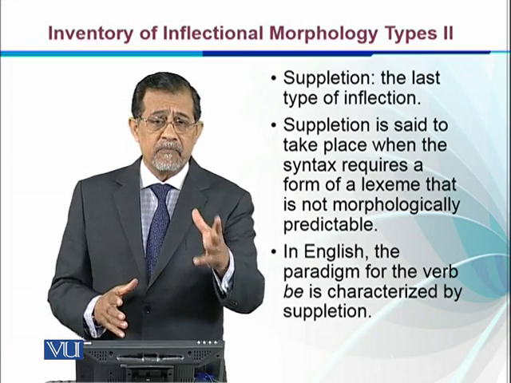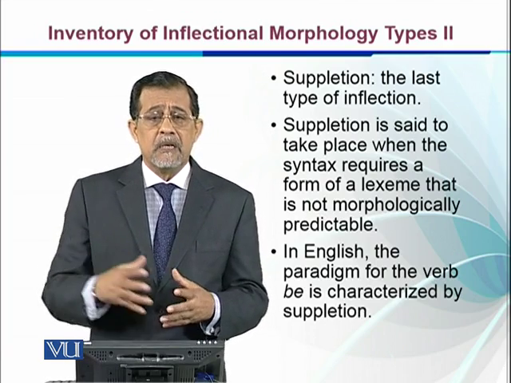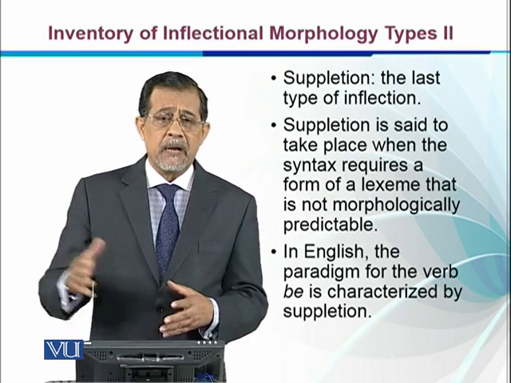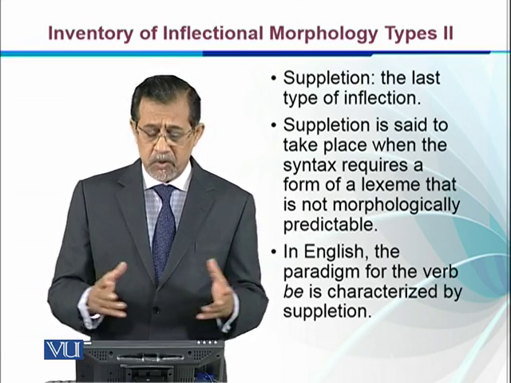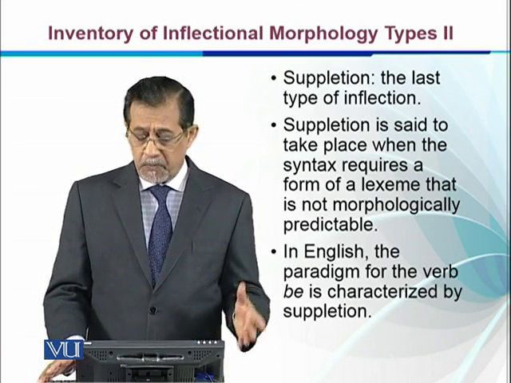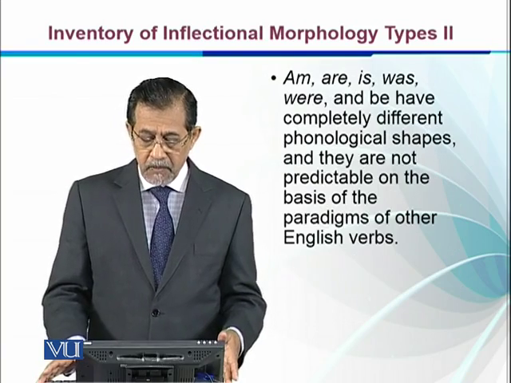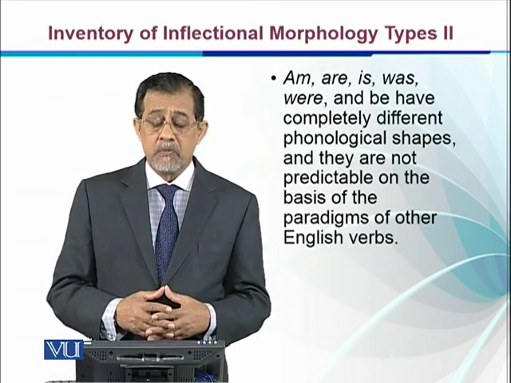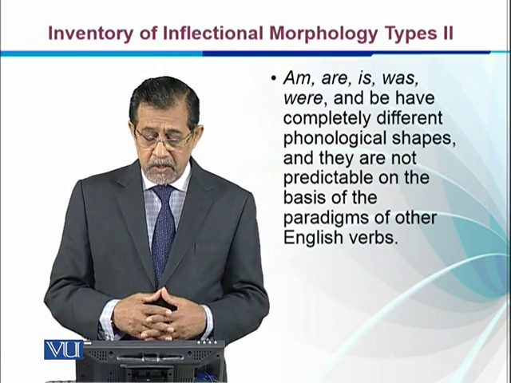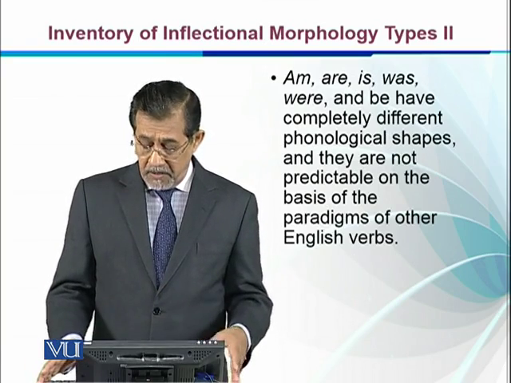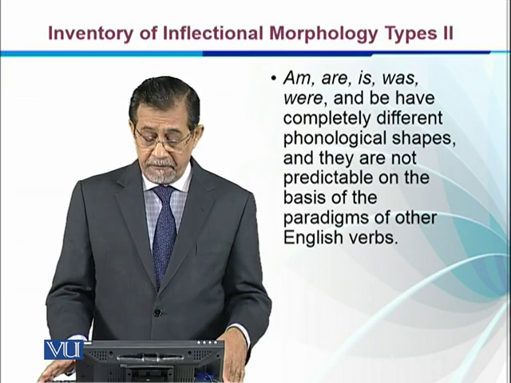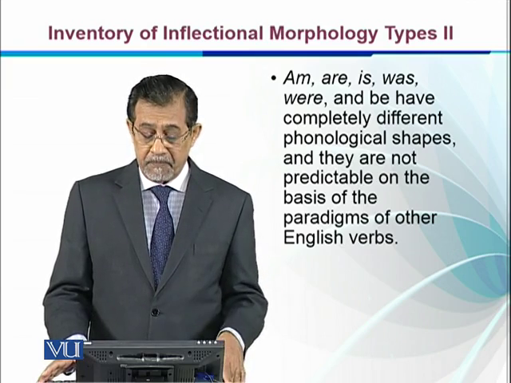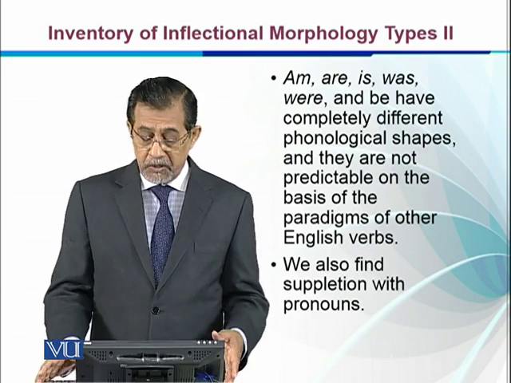But if we take the form of be, it's difficult to reach is, are, am, was or were. So this instance is suppletion. Is, was, were, they are different. So these are phonologically different from the be form. We also find suppletion with pronouns.